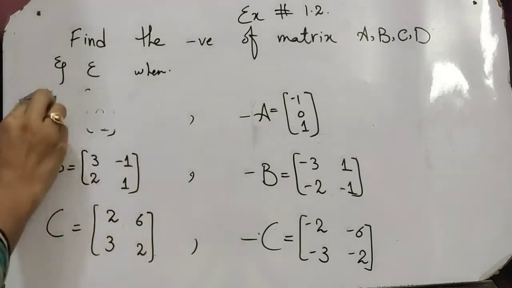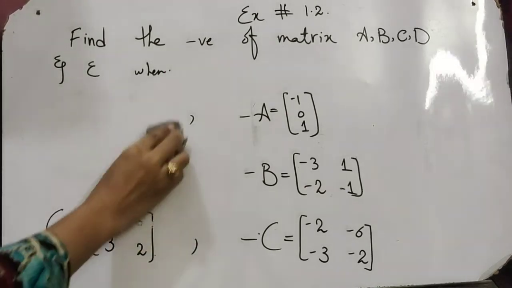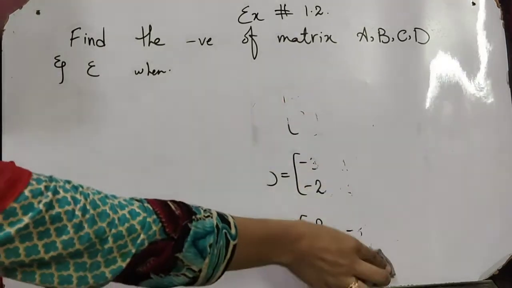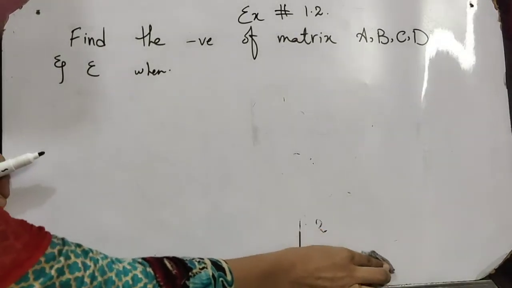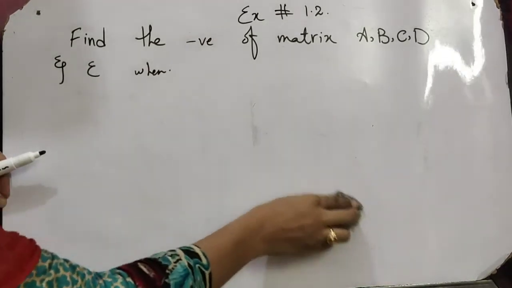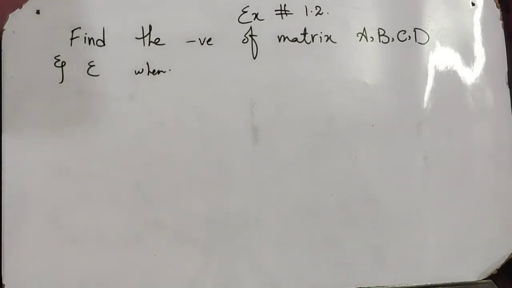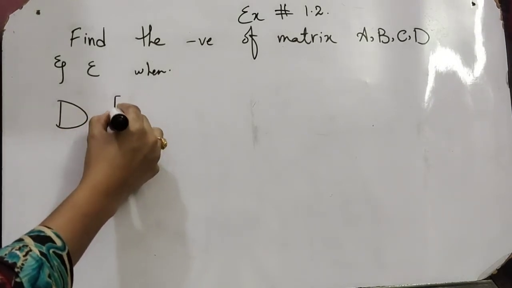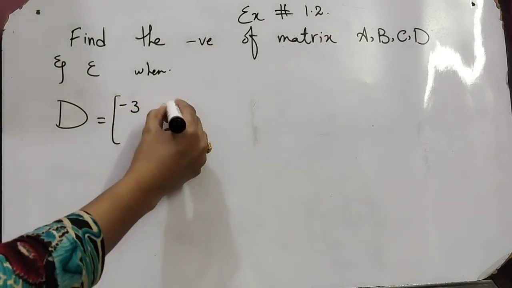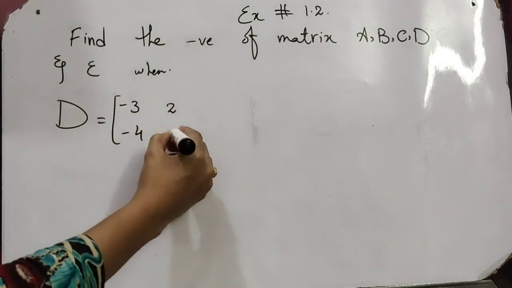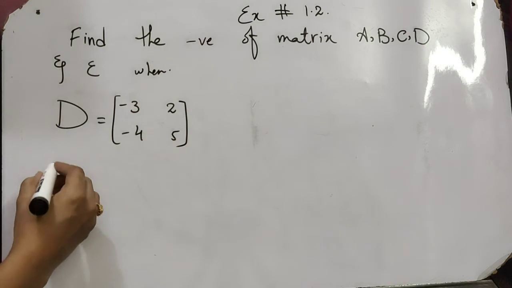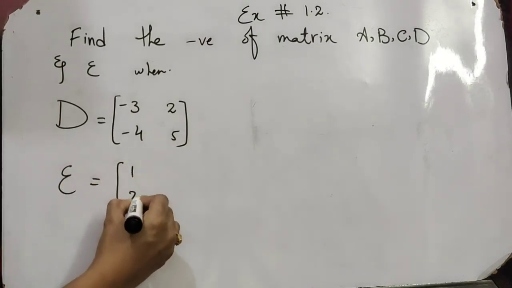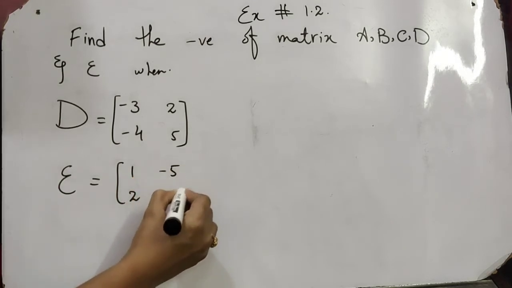Now we will move to our next part. D is equal to minus 3, 2, minus 4 and 5, and E is equal to 1, 2, minus 5 and 3.